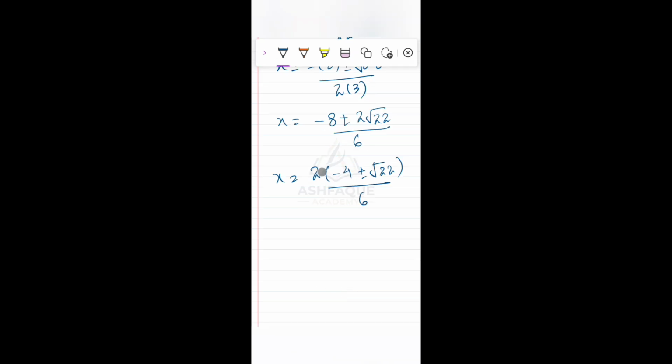So here we have 2 1s are 2, 2 3s are 6. So the final answer will be minus 4 plus minus under root 22 divided by 3. This is the answer.